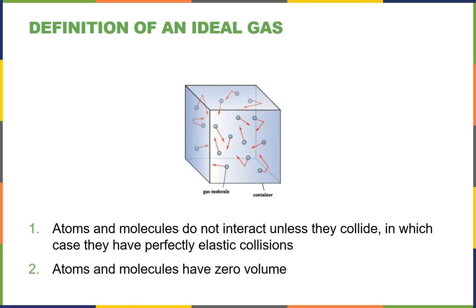The variables of state are pressure, volume, temperature, and the number of molecules. Which one of those relates to the average kinetic energy of the molecules? Temperature. Temperature is telling us about the average kinetic energy. The higher the temperature, the higher the average kinetic energy.